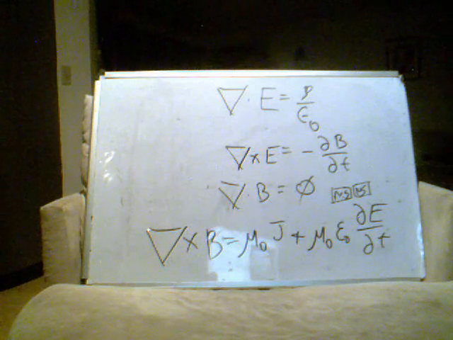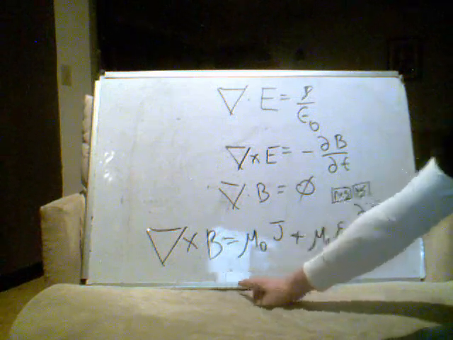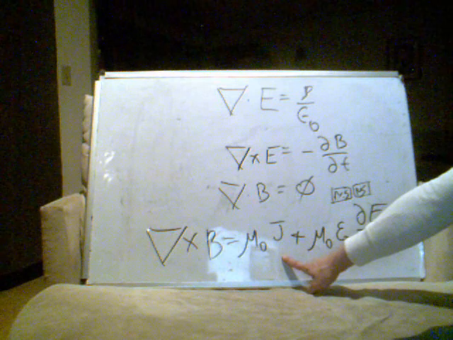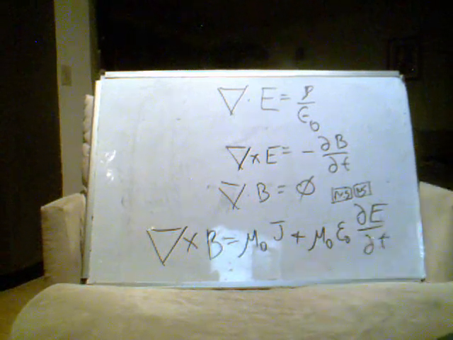Now what this means is the source for the magnetic field is currents, or changing electric fields, which are really kind of the same thing, right?